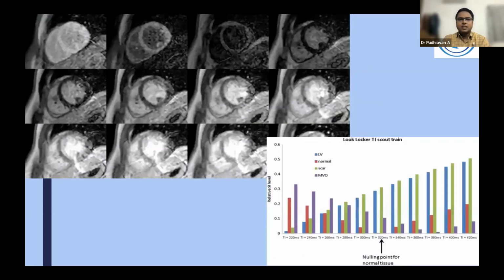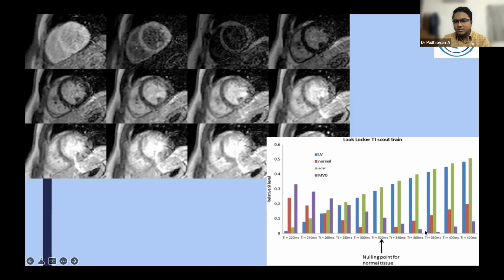So this is a typical TI readout. You have multiple images with different TI inversion times. In this image, you are going to select an image where the normal myocardium is nulled, meaning that the signal from the normal myocardium is black, and there is greatest contrast between the LV cavity and the normal myocardium.